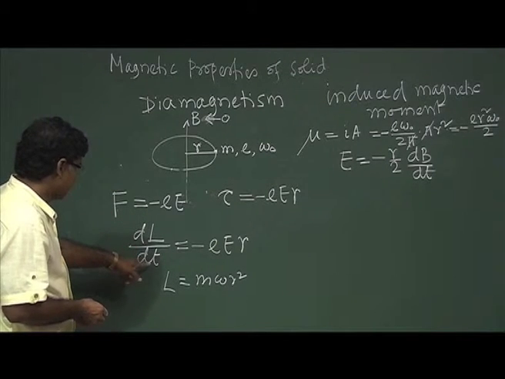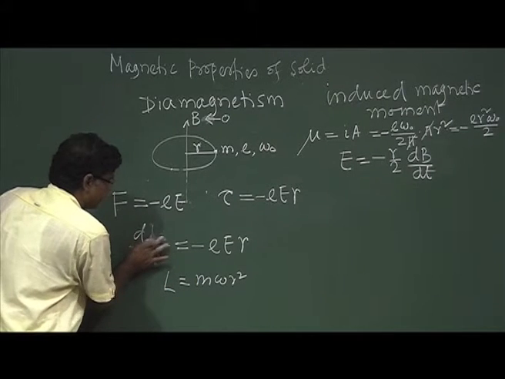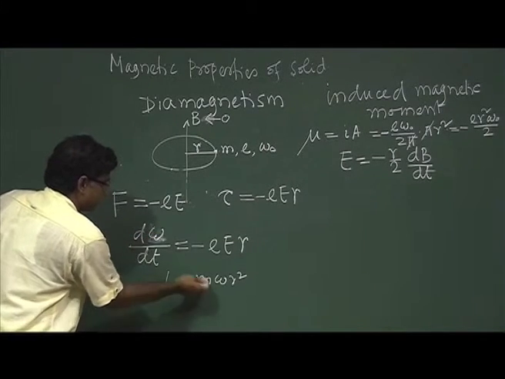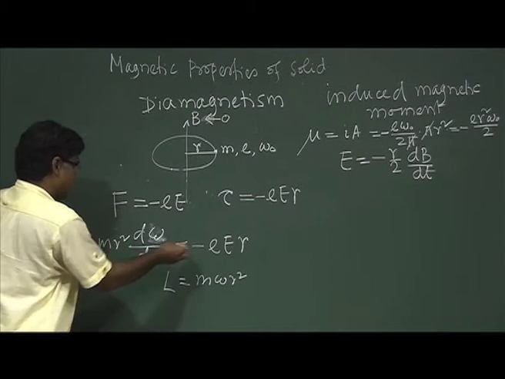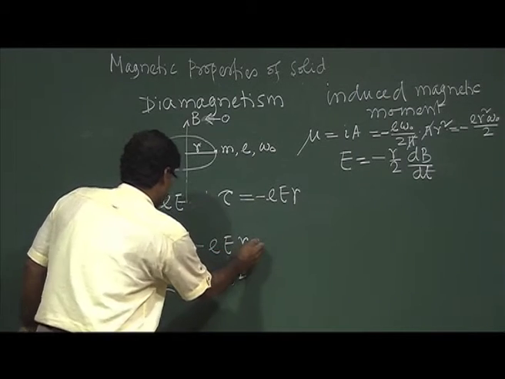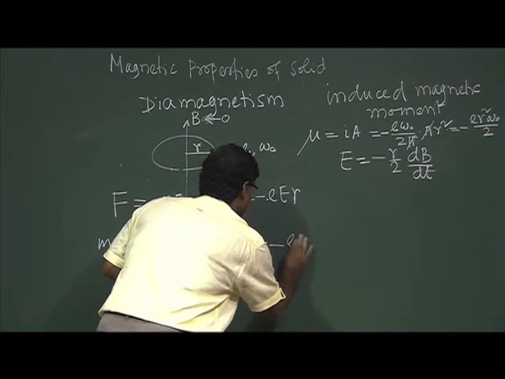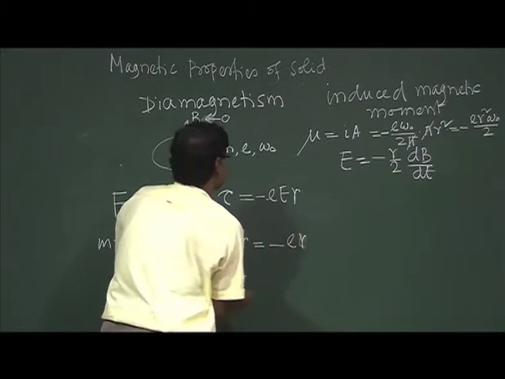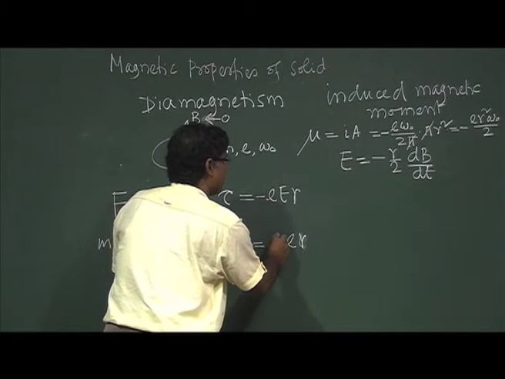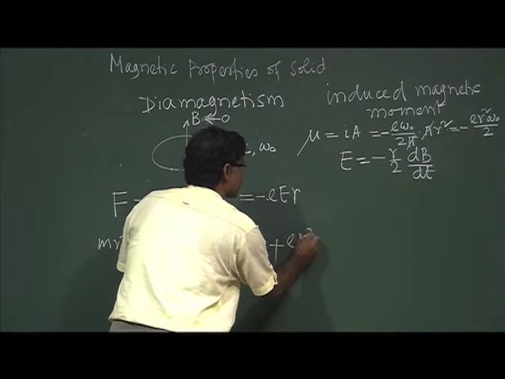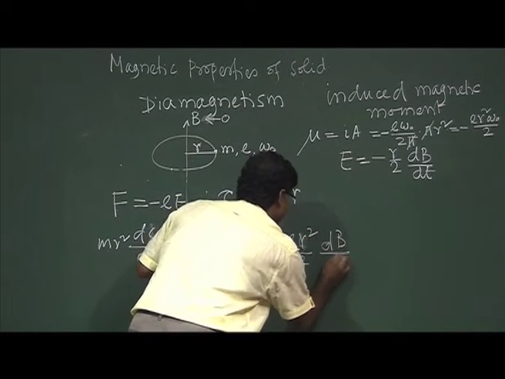From dL by dt, I can write d omega by dt times m r square equal to minus E r, and the electric field I got from before, plus r square by 2 dB by dt.